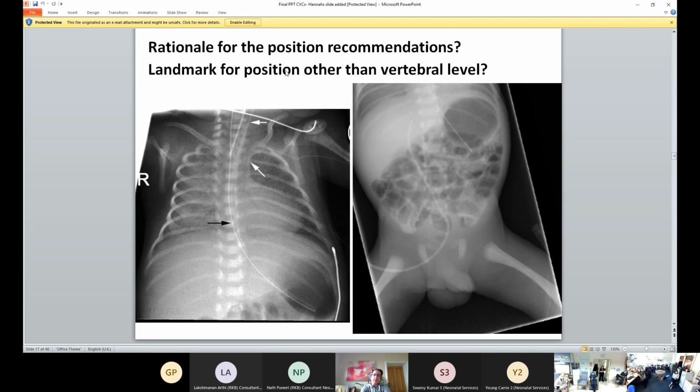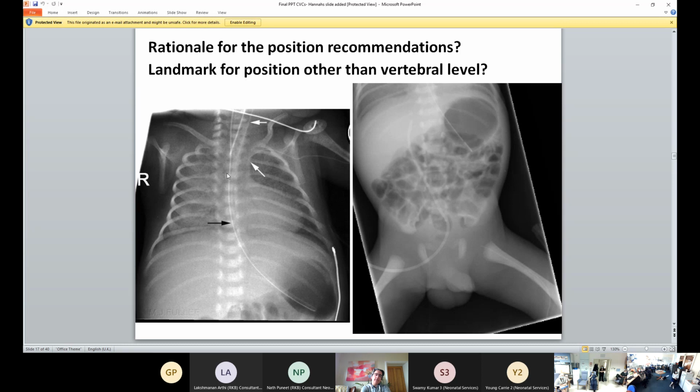Is there any landmark for positioning other than vertebral levels? Some people say that the superior vena cava starts 1.5 vertebrae below the carina.